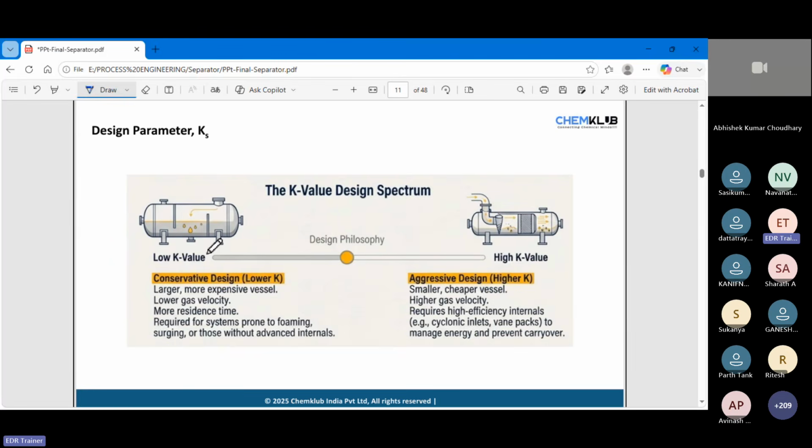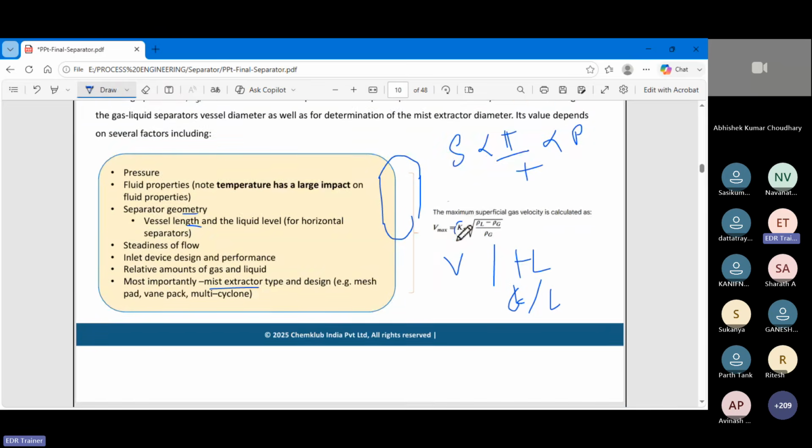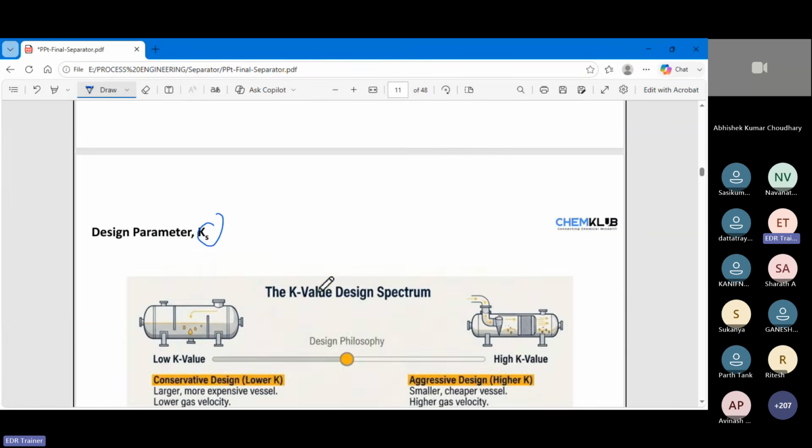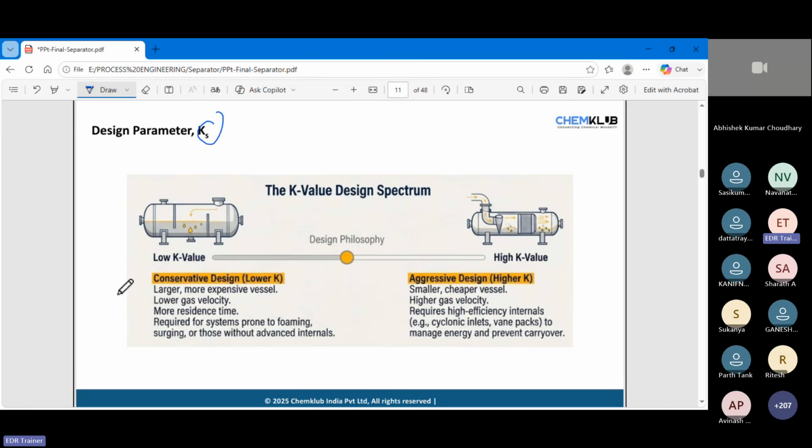Now the design parameter Ks is nothing but the factor of separation, right? When we select a lower Ks, velocity is directly proportional to Ks. If Ks is lower, velocity is lower.